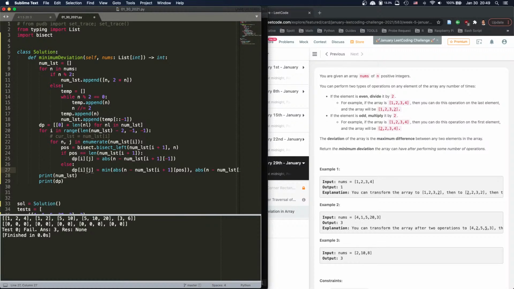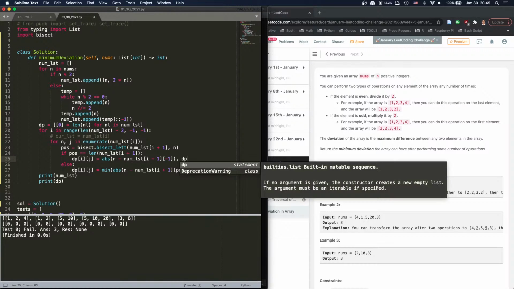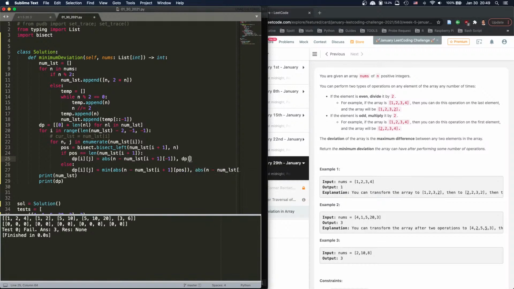That's actually not true, because we need to compare. So this is the difference, right? The absolute difference, and we need to compare this with dp[i+1].